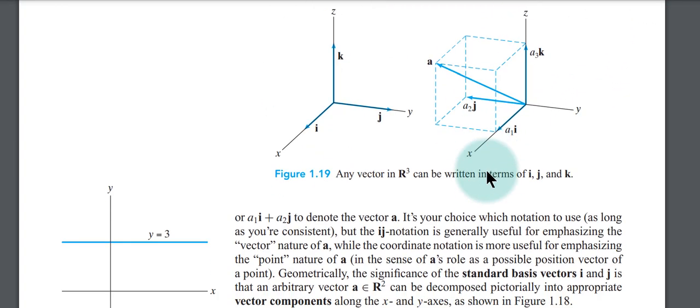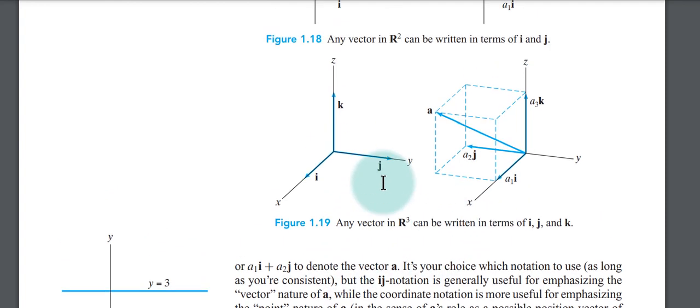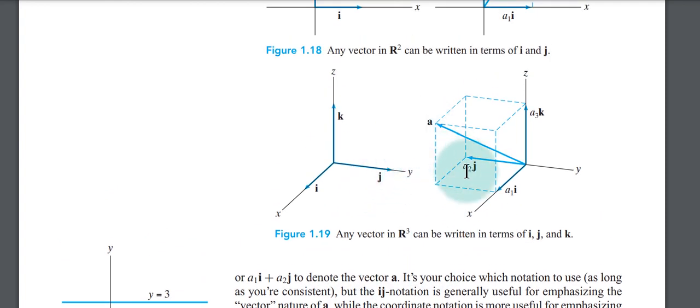And so if we have something A, which has coordinates A1, A2, and A3, then we can write it in terms of i, j, and k. We would say it's A1i plus A2j plus A3k.